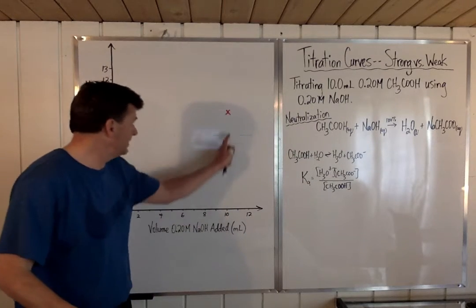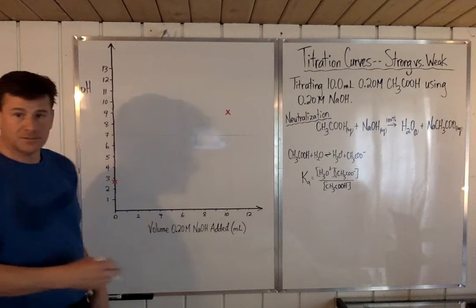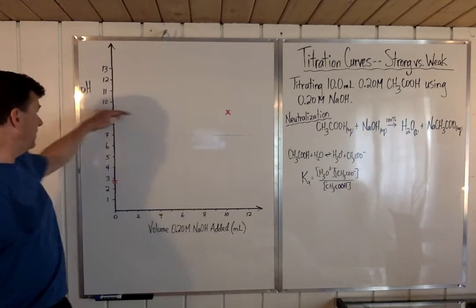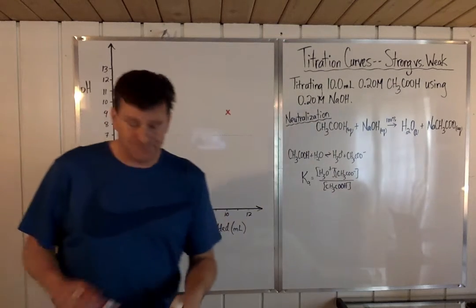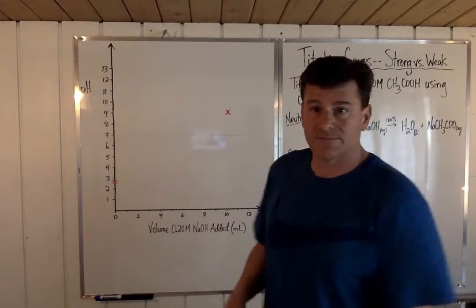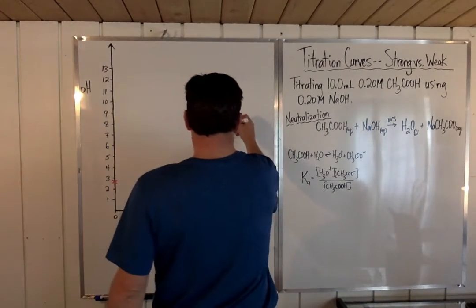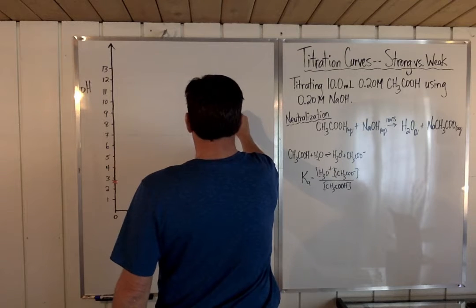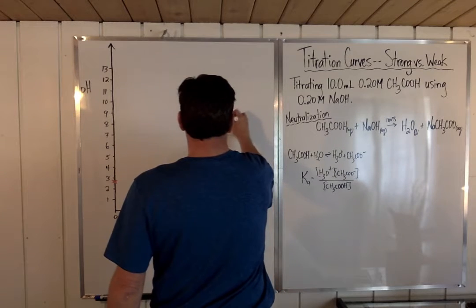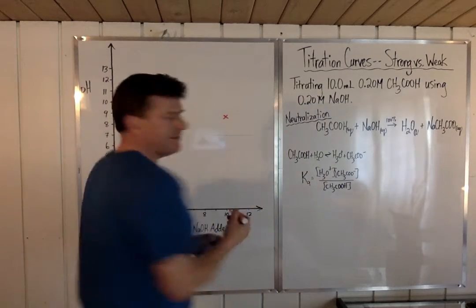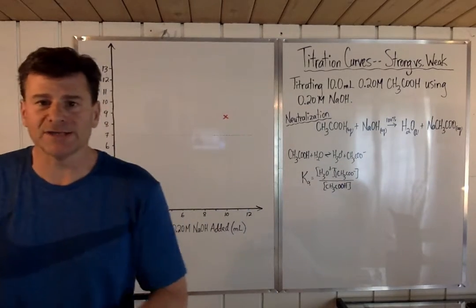Okay, so 10 milliliters of base, and 8.87, just below the 9. Now, did I maybe put that a little bit high? That looks a little high to me. I think that's a little bit better. Okay, so it's right about there.